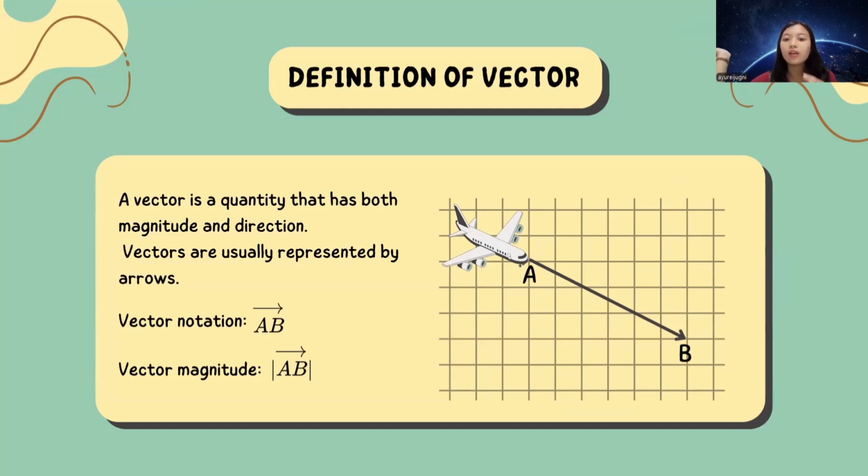The length of the arrow shows the magnitude. The head of the arrow shows the direction. Can anyone give another example of vector in real life? Okay, yes, very good. Velocity, force, and displacement are examples of vectors.